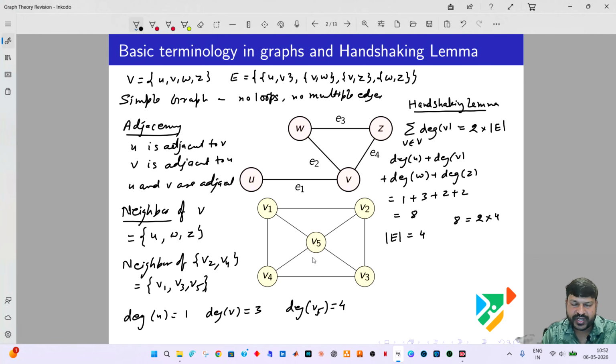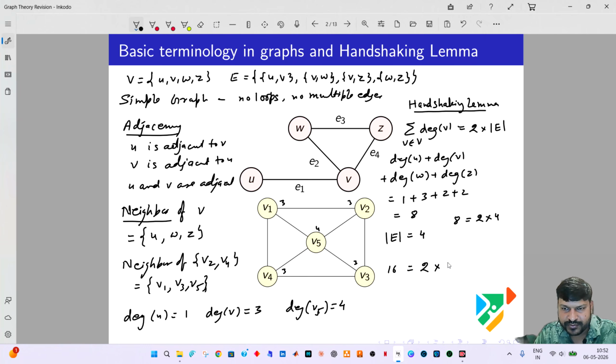You can also verify for the second graph. In the second graph, what is the degree of vertex V1? 3. V2? 3. V3? 3. V4? 3. V5? 4. What is the sum over all the vertices? 16. And you can count the number of edges.